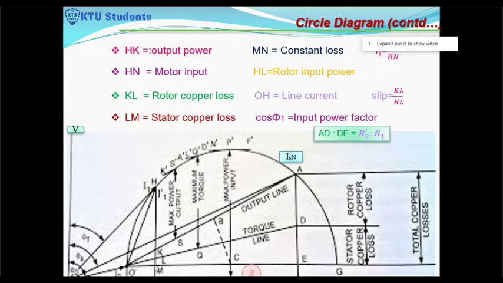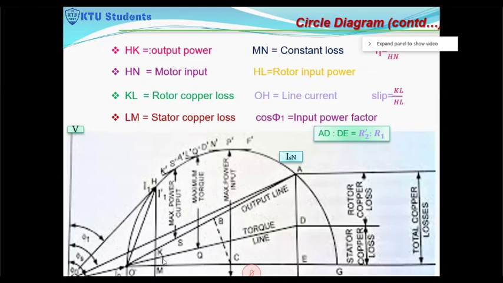From this you will get the different parameters of the induction motor. If you take H and the point K at which this line intersects the output line, that is the output power of the machine. If you take K and L, extending this, you can see that KL is nothing but the rotor copper loss.